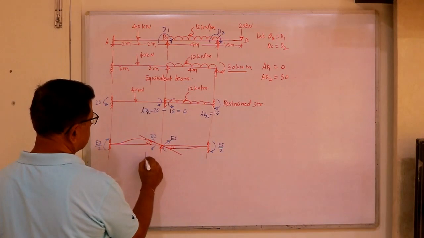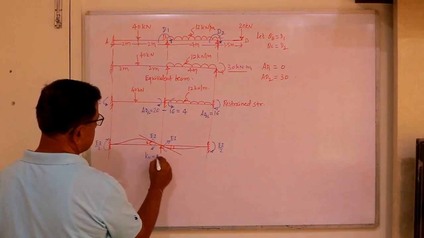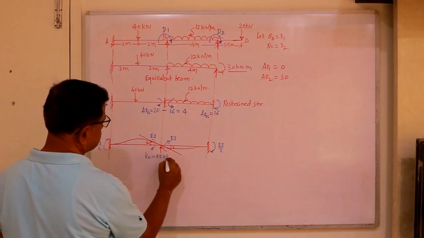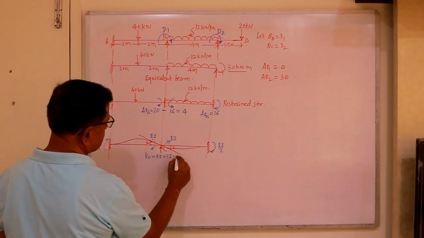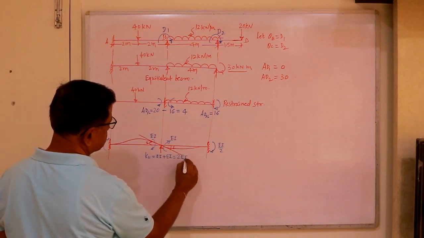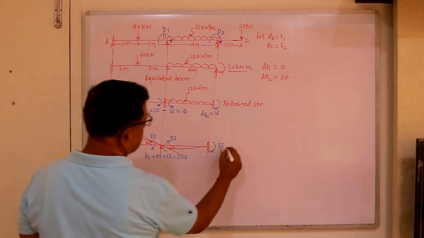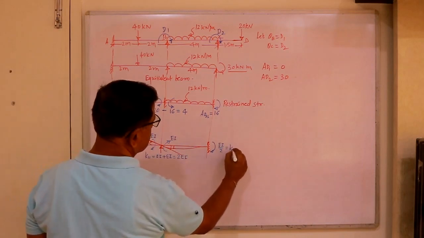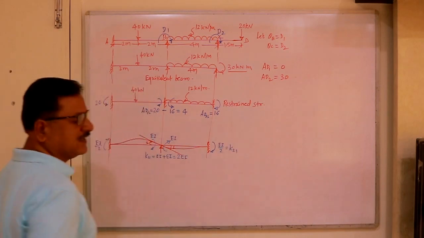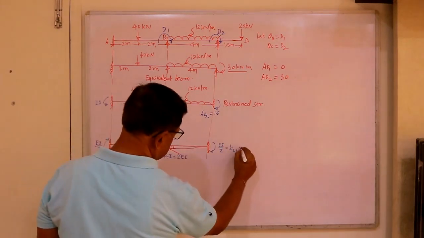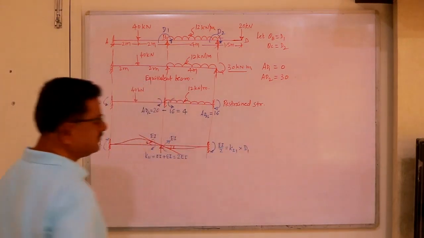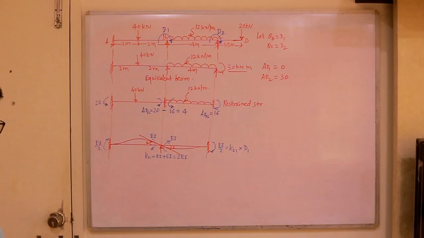K11 is EI plus EI, so this becomes 2EI. K11 is this, and this is in the direction of 1 due to 1. K12, all these are to be multiplied by D1.